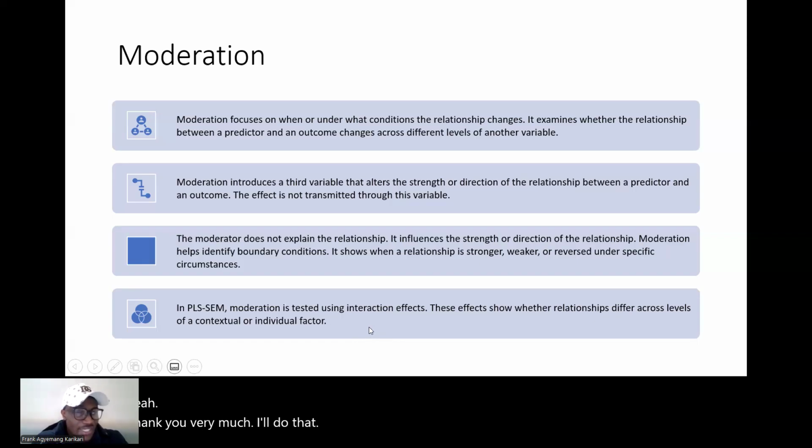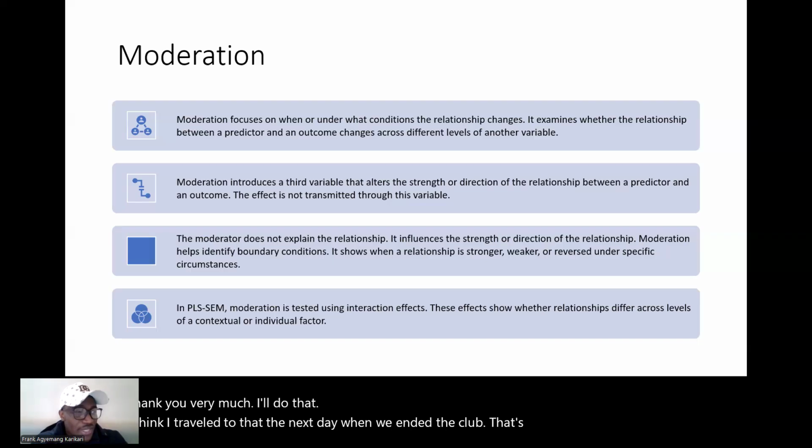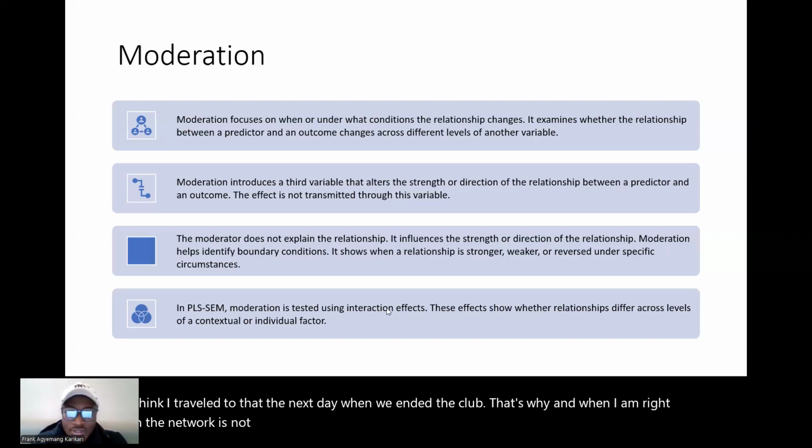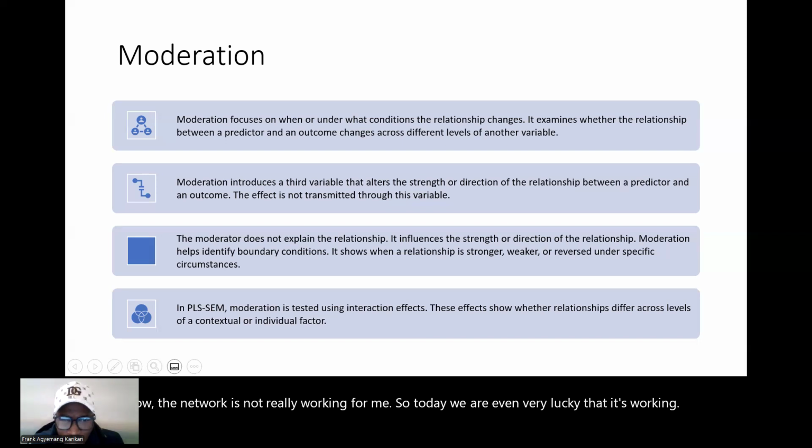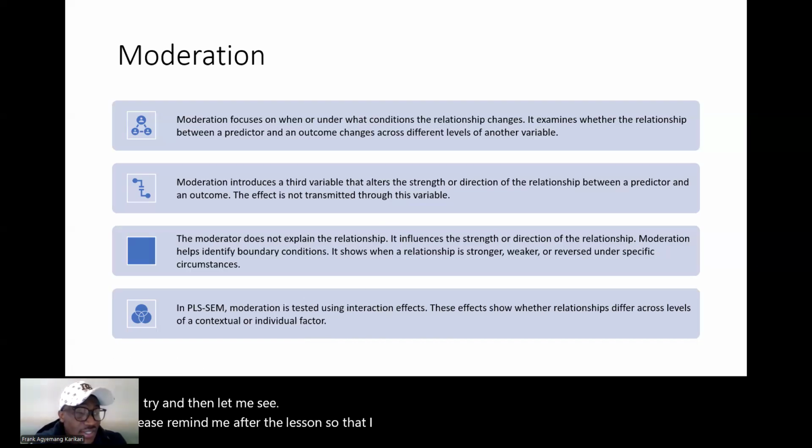I traveled the next day when we ended the class, and where I am right now the network is not really working for me. I'm lucky that it's working. Please remind me after the lesson so that I can share it on WeChat. All right, sir. Thank you very much.